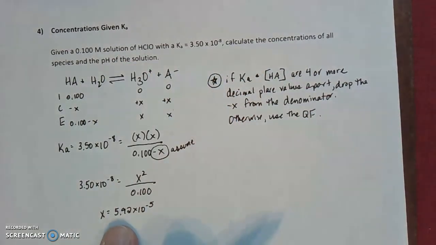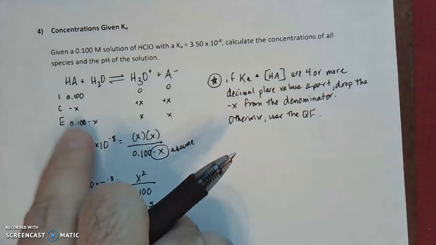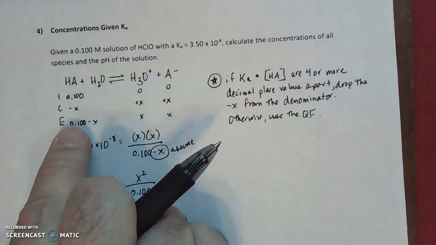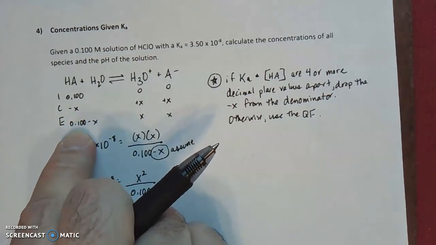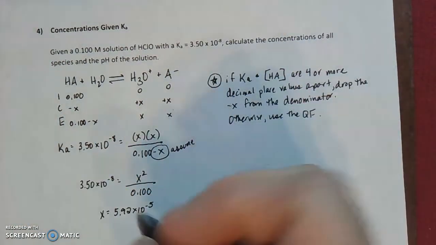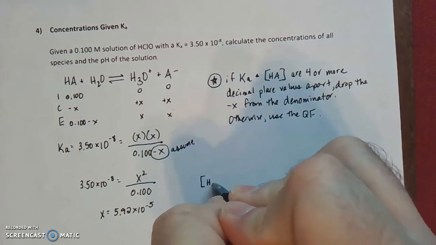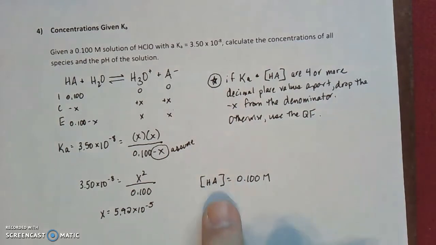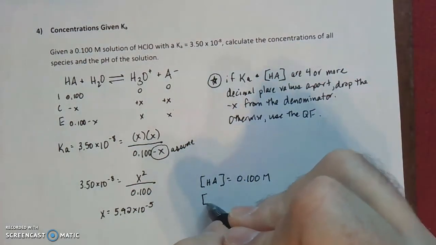But as you can see, this x value, when we put this back in here, is not big enough to be significant, and we do not end up with a change in HA. So HA is 0.100 molar. So little of it ionized that it's not significant.